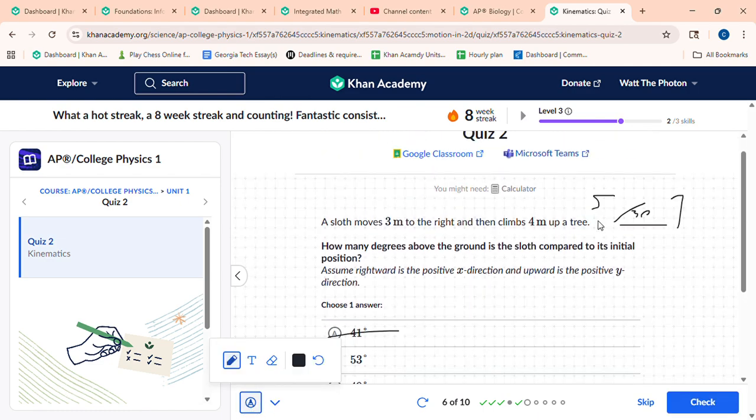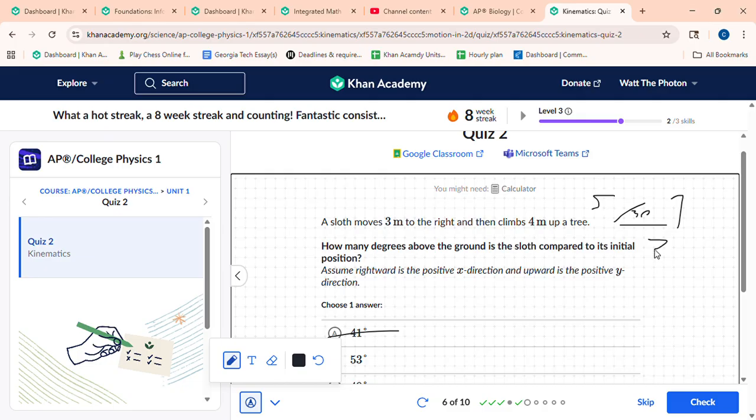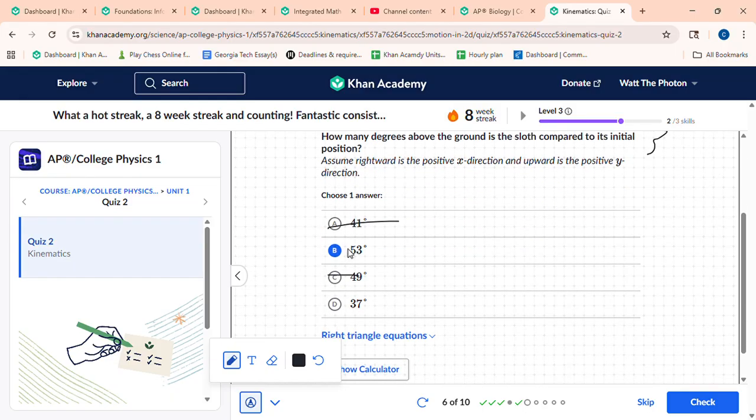If we look at that, that'd be 3, 4. I think that'd be the 50.